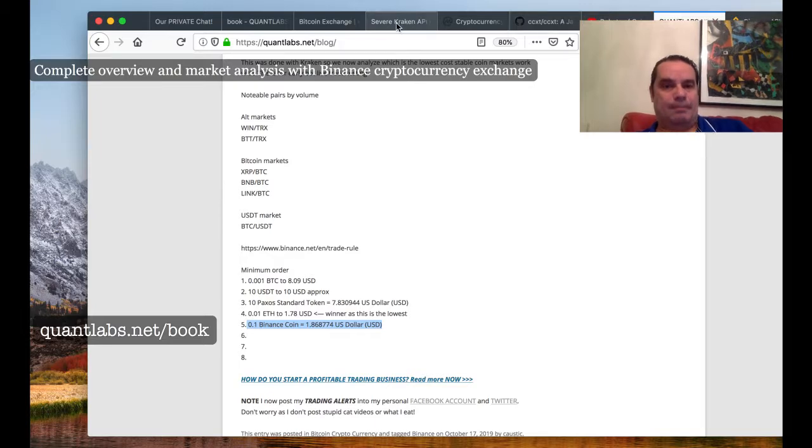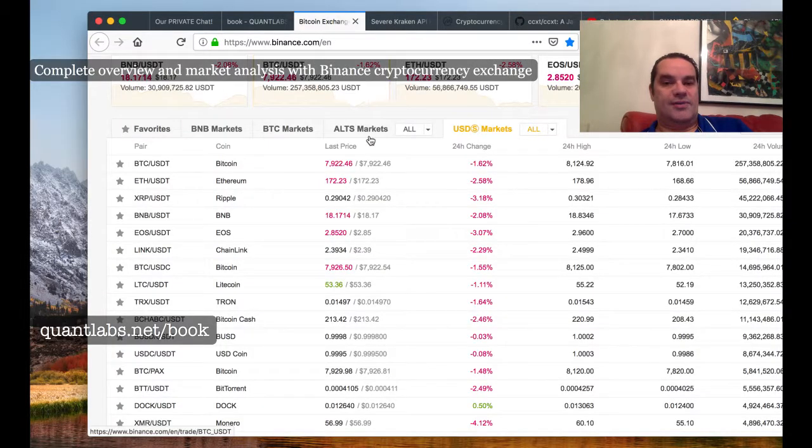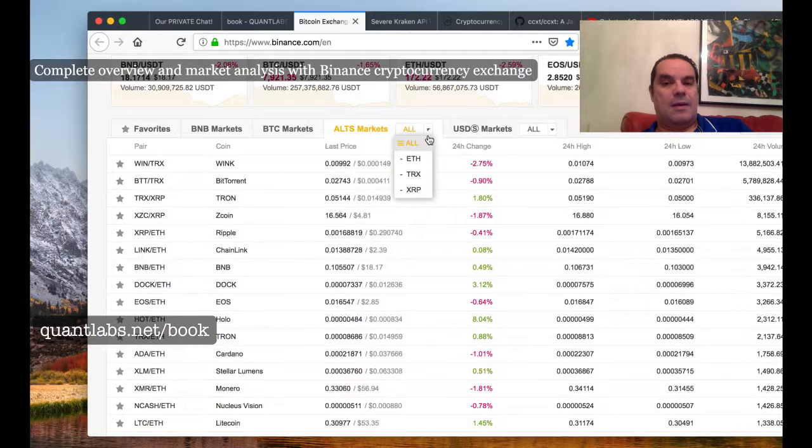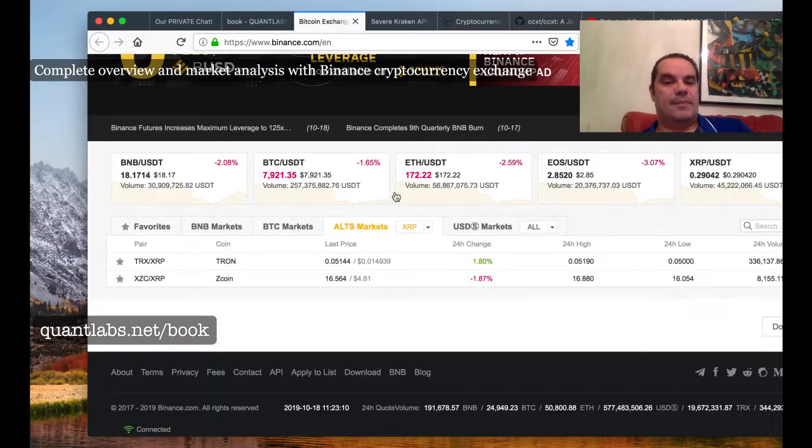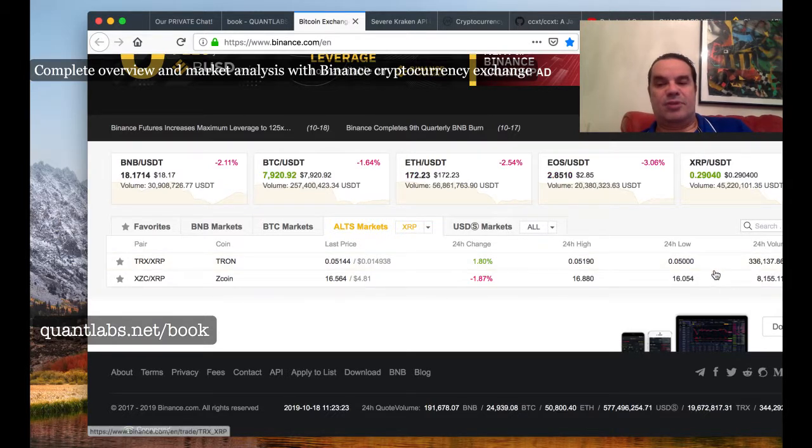The one I was hoping for was this one, XRP, and based upon the volumes here, you can see that TRX and XRP is a good one to test. The volume's pretty high, so I thought that's a good one to test.